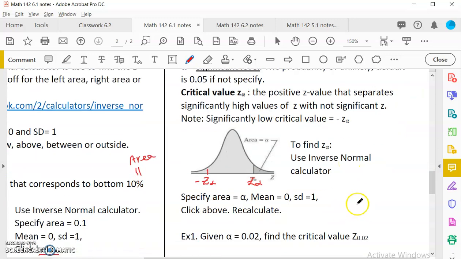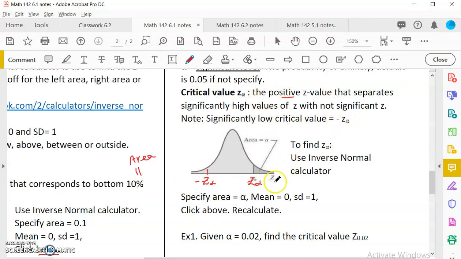Okay. So if I want Z alpha, that means on the right side, it is always the positive one, right? Once you find the positive one, you can find the negative by attaching the negative sign. So the significantly low critical value is negative Z alpha.